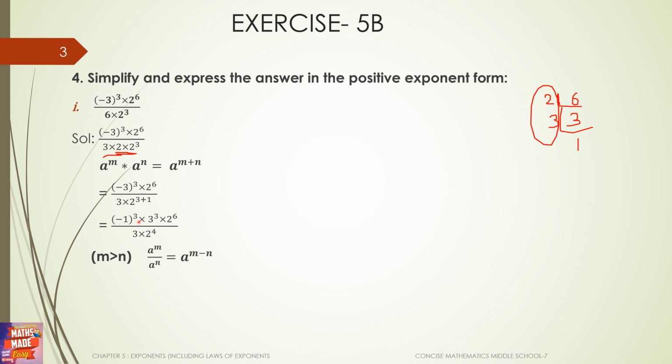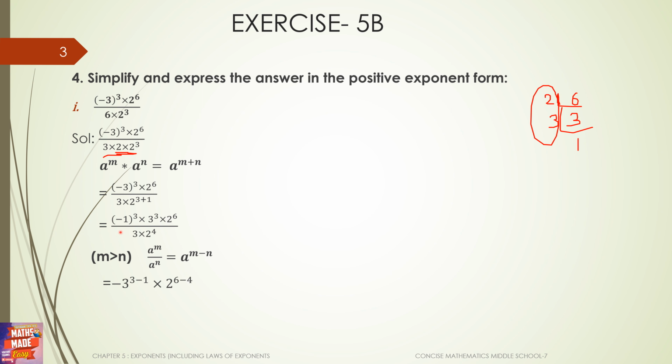Now it is perfectly in the form of a to the power of m into a to the power of n, where I am showing the laser light. Even here you can apply the same formula. Even here you can apply the same formula. M is greater than n for both of this, 3 as well as 2 base.